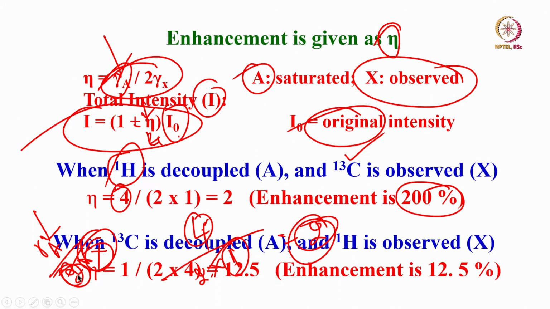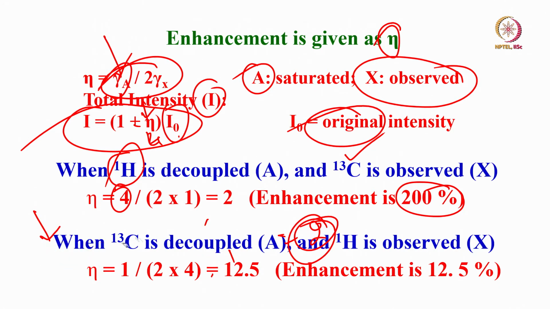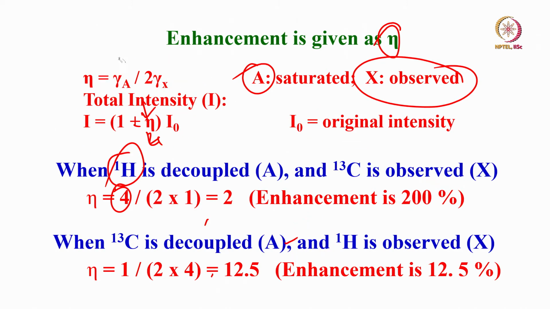On the other hand, let us consider a situation where I am decoupling carbon 13 and observing proton. That is the reverse of that. We do not always need to decouple proton and observe carbon. You can also do the other experiment. I do carbon 13 decoupling and observe proton. Now, proton is the observed nucleus, that is in the denominator.